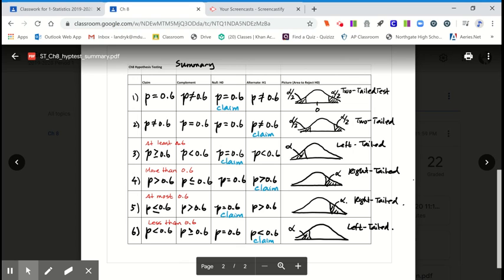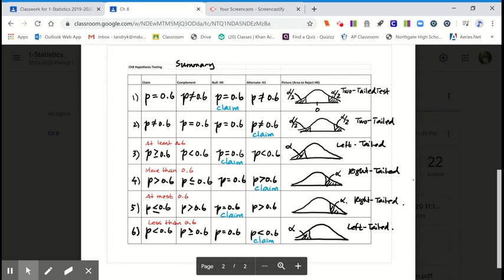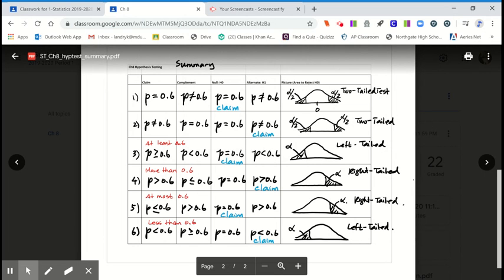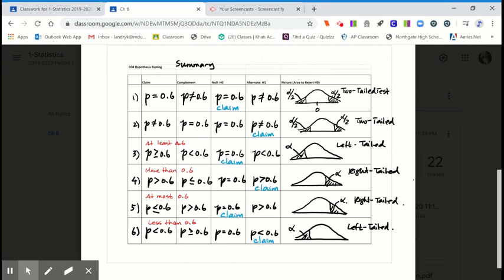Okay, so today's scenario is going to be scenario number 6, the last one, where we're looking at the claim that proportion is less than some percent. So let's say this one here, I said population proportion of some scenario is less than 60%, so P is less than 0.6, which makes the complement P is greater than or equal to 0.6.